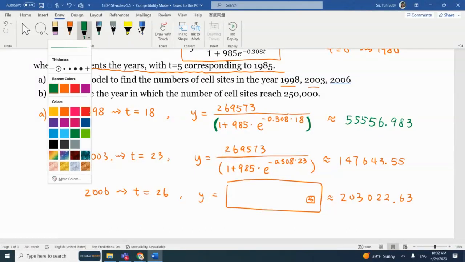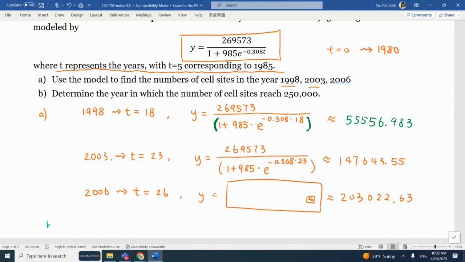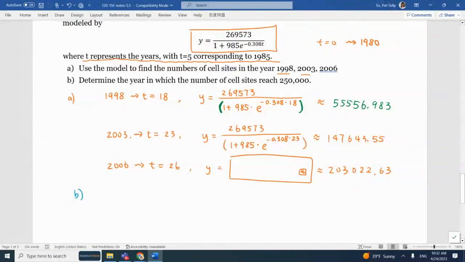So part B, we have the size, which is 250,000, and we want to find the years. So y equals 250,000. We want to find the time. Is that okay, everybody?